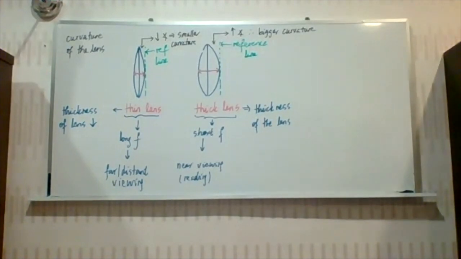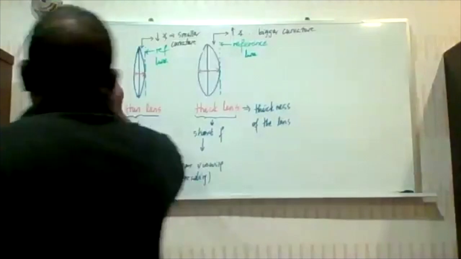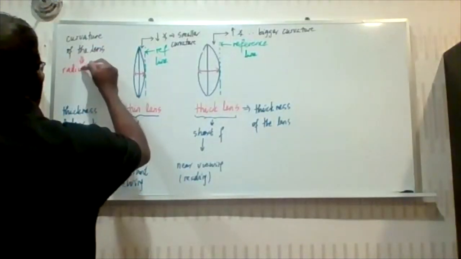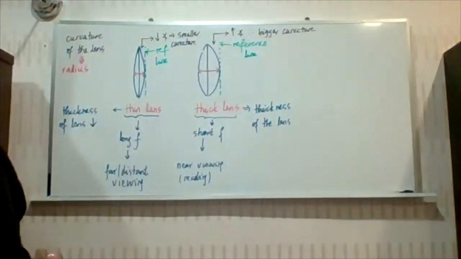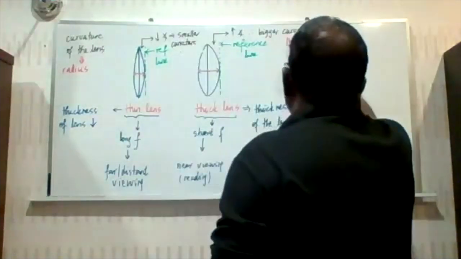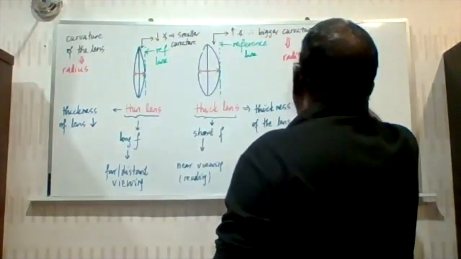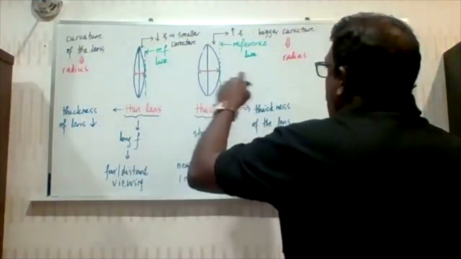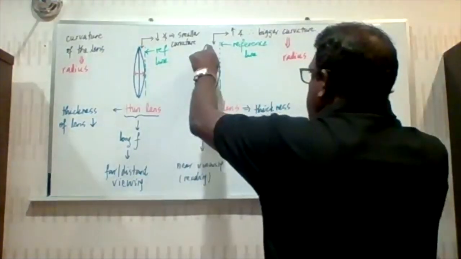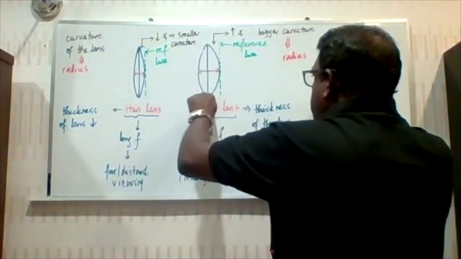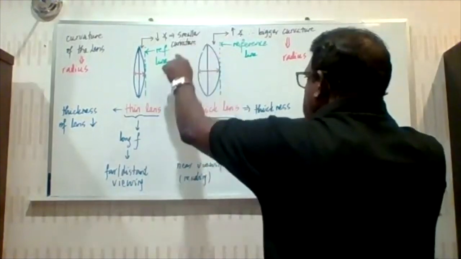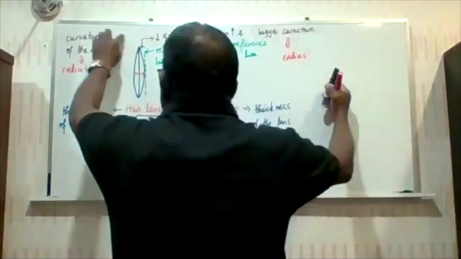Now, curvature is often related to the radius. So now we are talking about the radius. Remember, this is the curvature of the lens, and this is part of a circle.